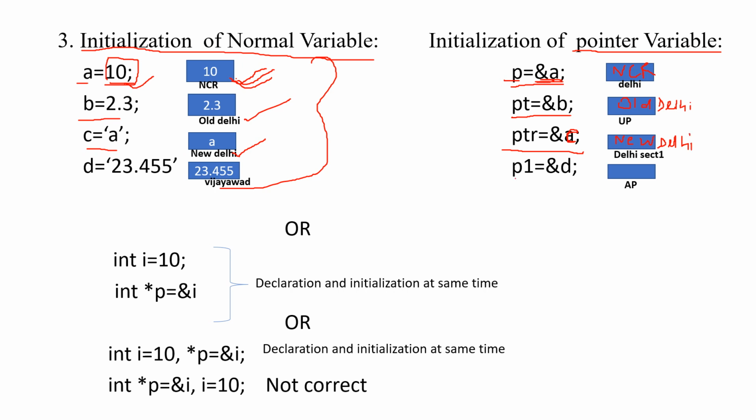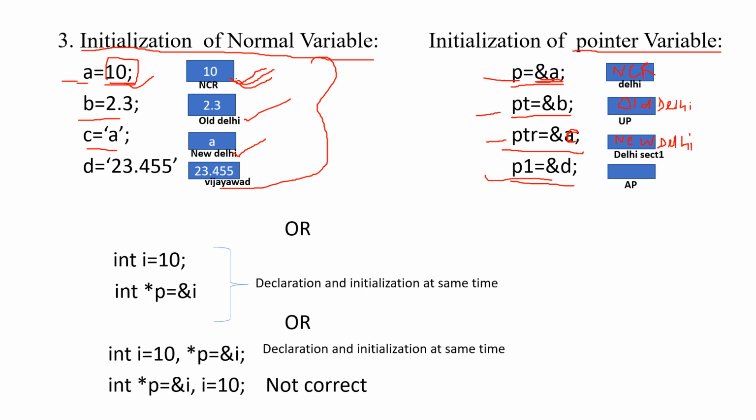Next is p1. p1 is also my pointer, and the pointer type of p1 is double. Look, I have written this is the integer pointer, as I already explained previously. This is integer, this is also integer, this is float, this is character, and this is double.